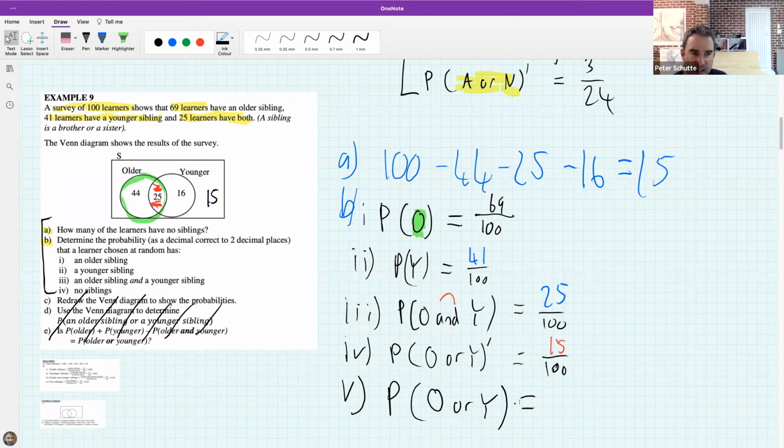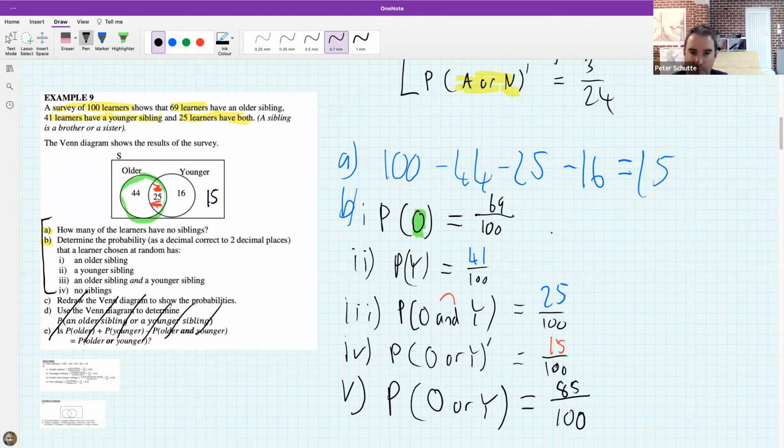So what is the probability you have either an older or a younger or both? It's still going to be out of 100, but now it's 44 plus 25 plus 16. Or you could just go 100 minus 15.